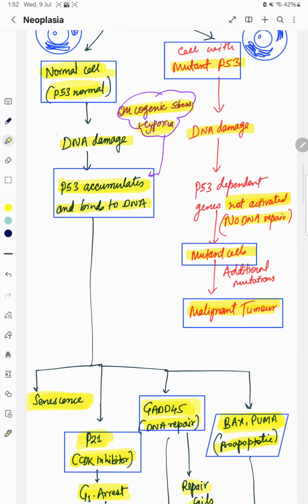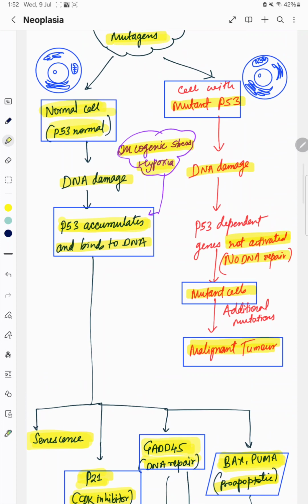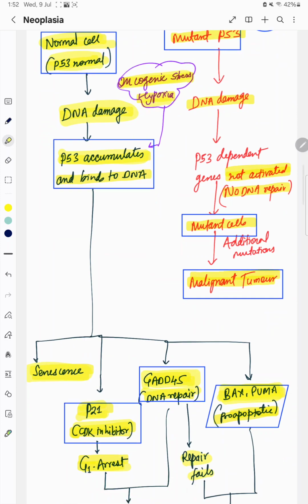So we will discuss it again. A normal cell after exposure to the injurious agent will have DNA damage. This results in accumulation of P53.